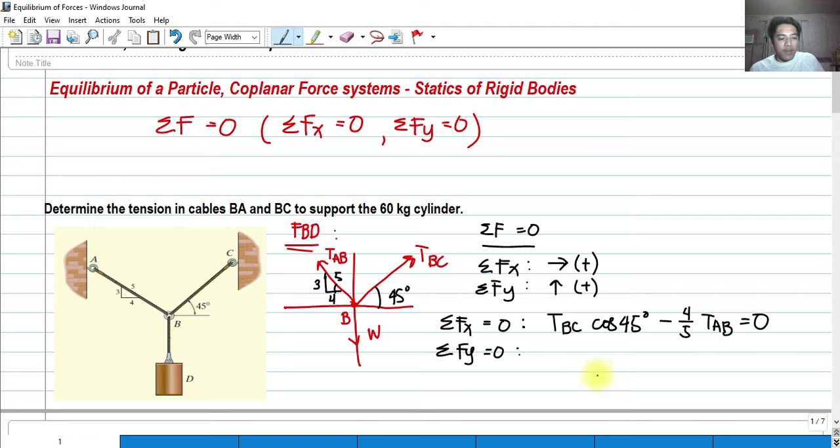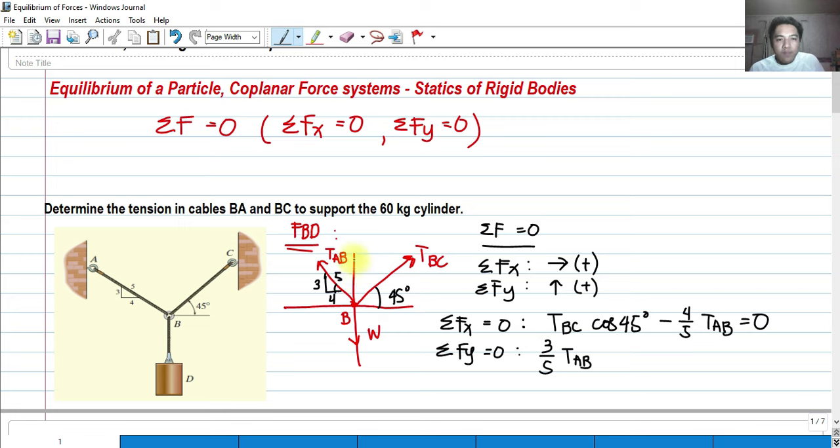So what will happen here is that if we first get the y component of this, if we use cosine for the x component, we're going to use sine. That would be sine of that angle, opposite over hypotenuse, which is 3/5. Then we have TAB.